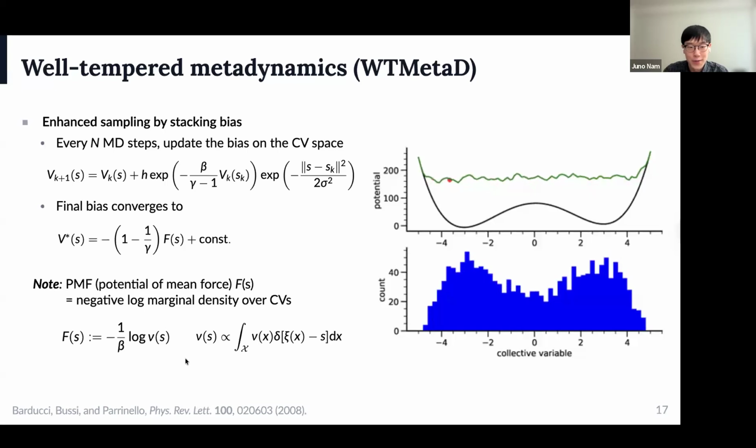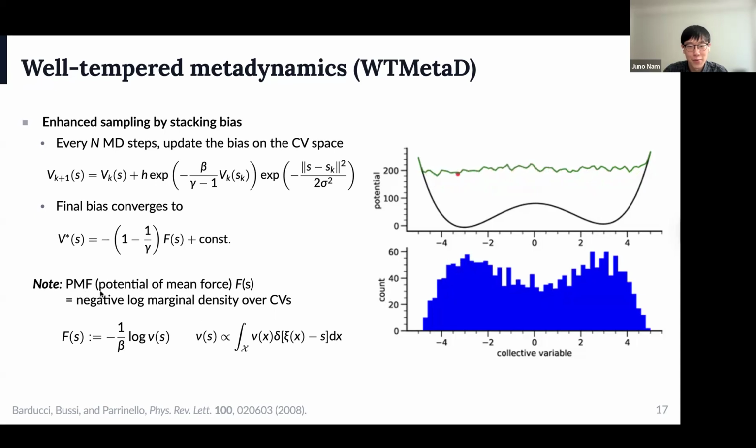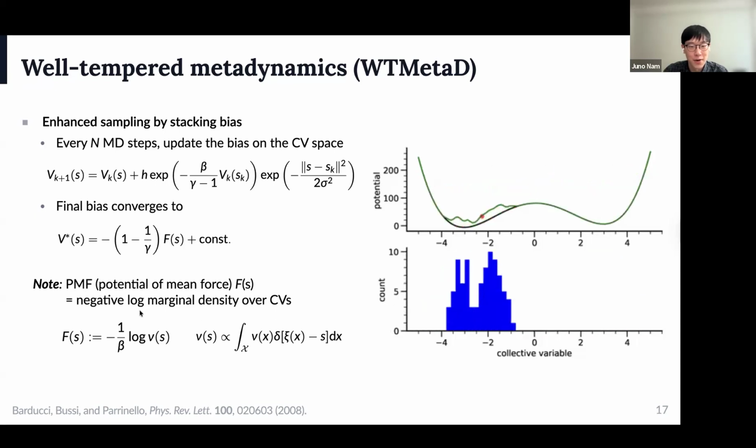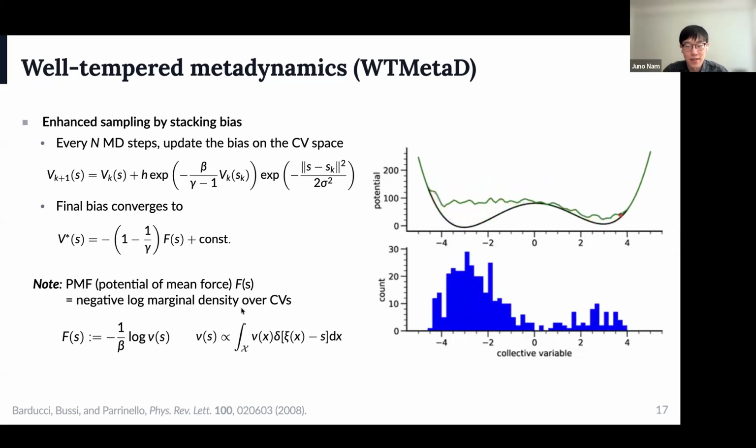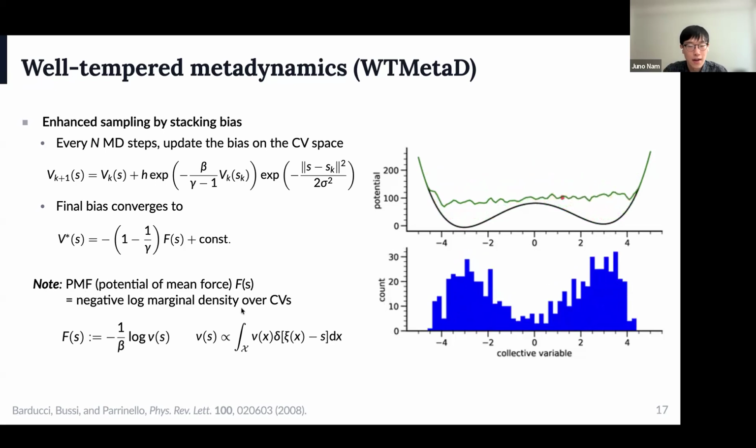Obtaining this kind of PMF is usually one of the main goals in chemistry sampling, because when we project the marginal density as a free energy landscape, we can locate the free energy minima and know how much the free energy barrier is between two metastable states.